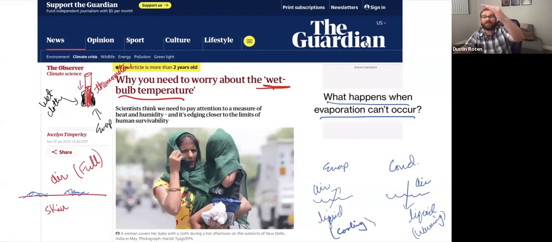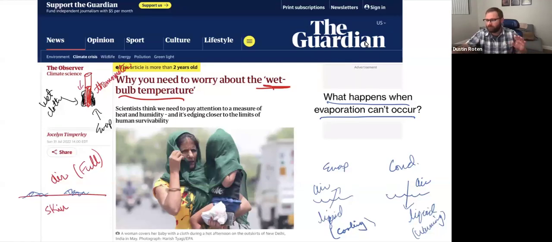Evaporation is a cooling process, so that's going to lower the temperature. Now, you think about what the wet bulb temperature is. If that temperature doesn't meet a certain threshold, essentially, once it gets to a certain point, your sweat doesn't even evaporate anymore.